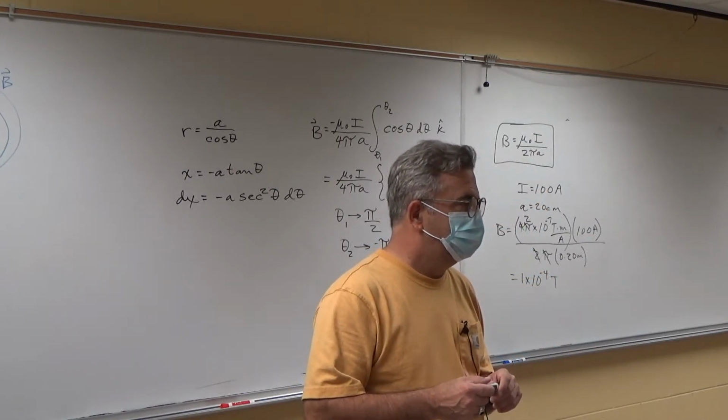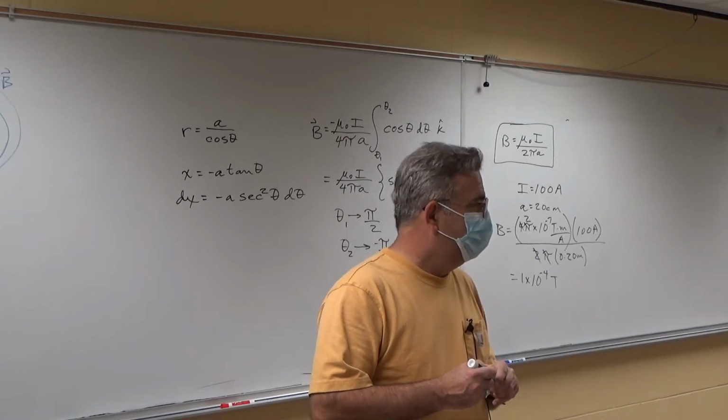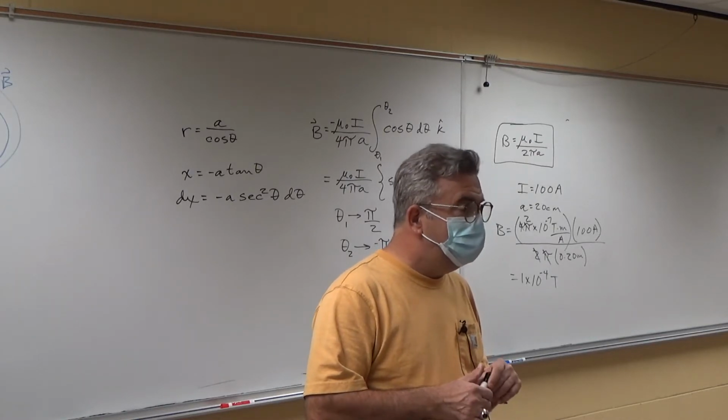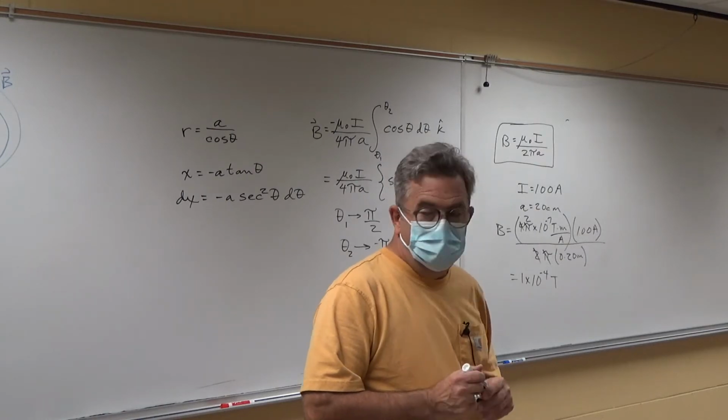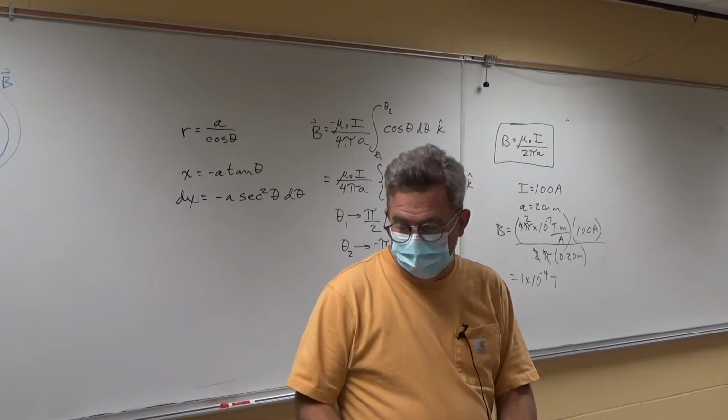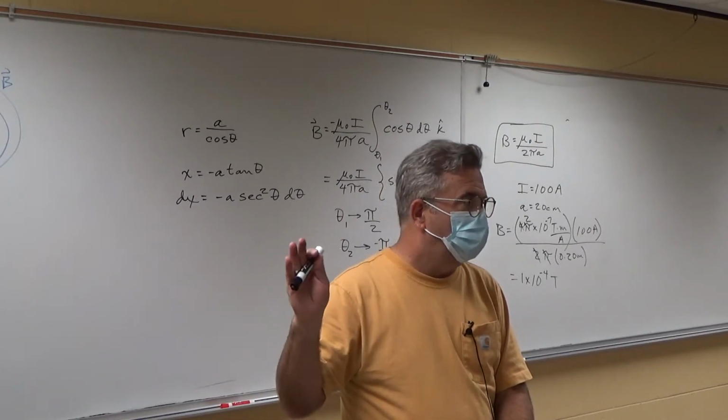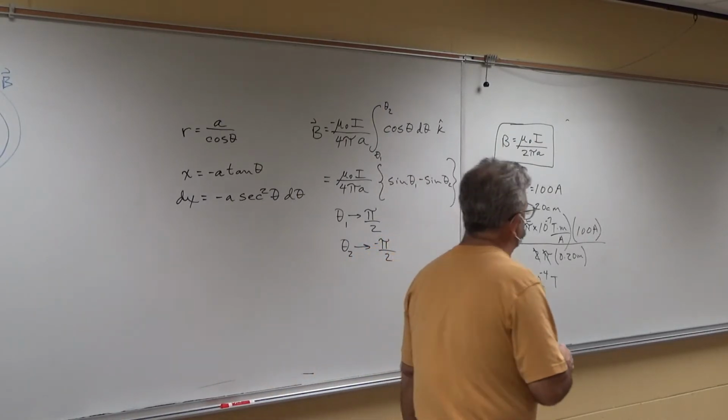Small field, but it's enough. You can easily detect it. I mean, over here I had nowhere near 100 amps, I assure you. I don't know what the current was, but it's way less than 100.